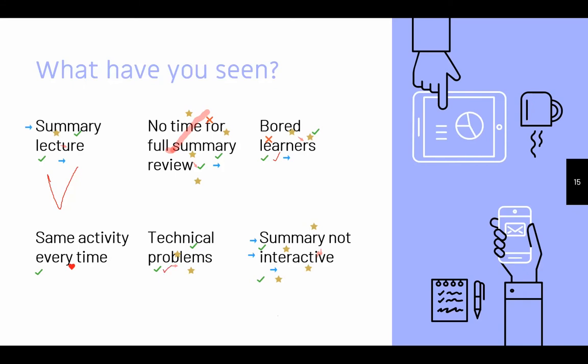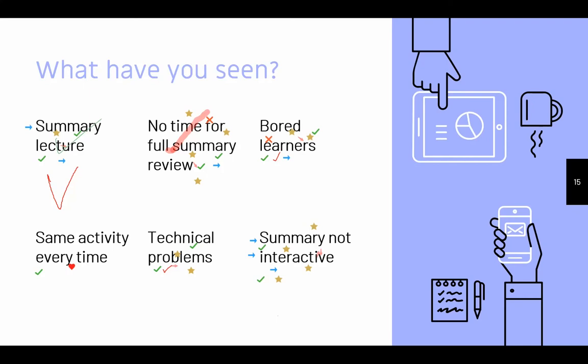And I am seeing some stamps by summary lecture as well. A lecture can be a very effective training method, but sometimes, especially at the end of the training, there might be some other options for your summary that are a little more interactive. And then, the class size creates problems.